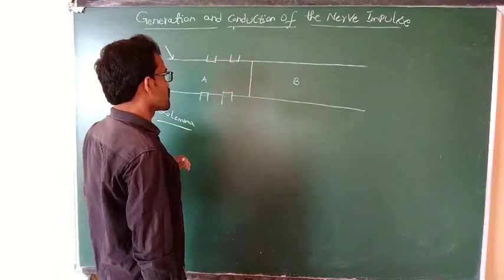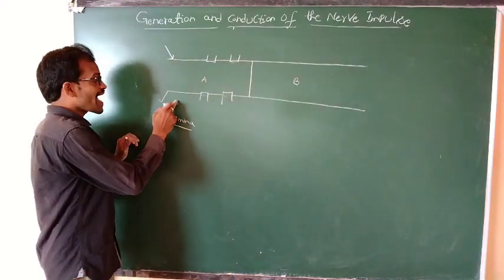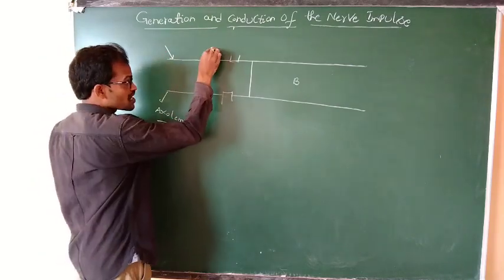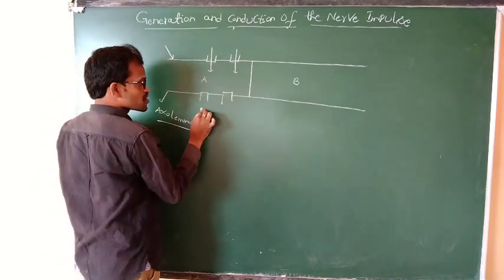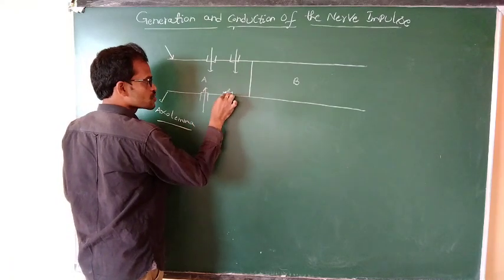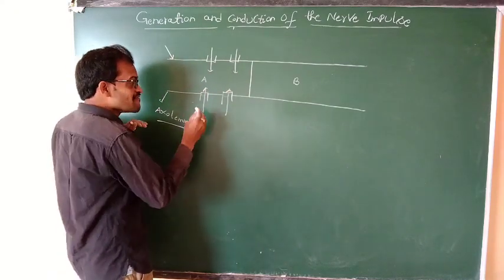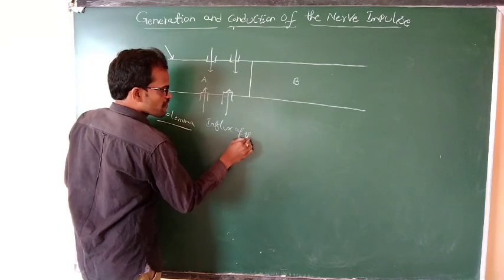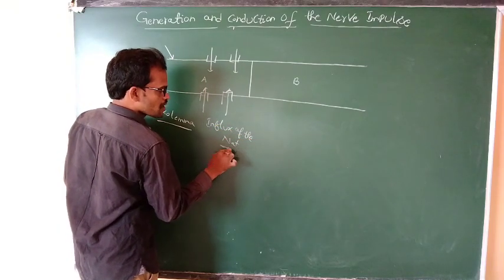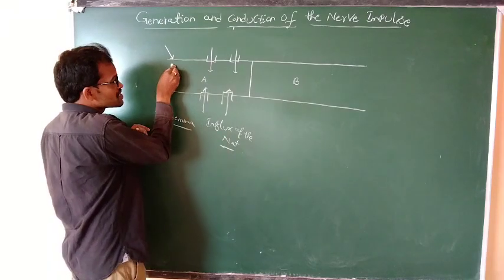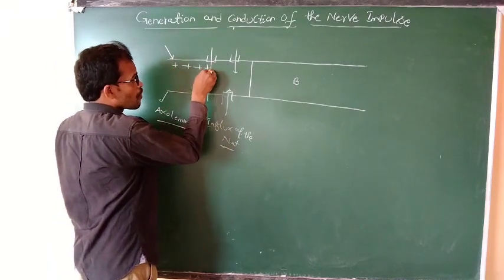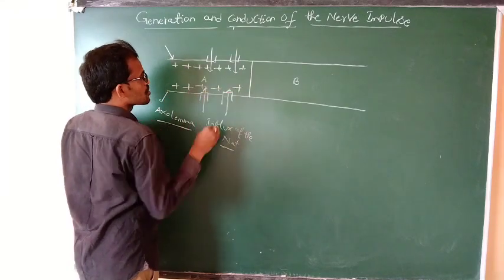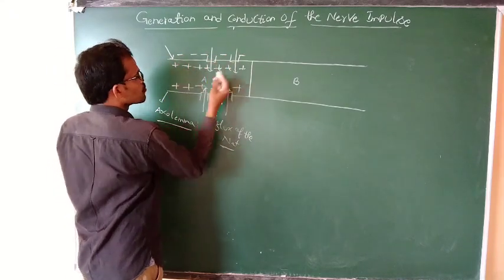Once the axolemma receives the stimulus, sodium channels are open. Open means influx of the sodium. Influx of sodium means inside is always positive charge.